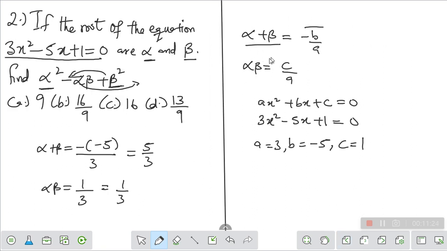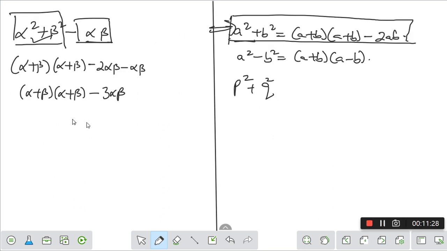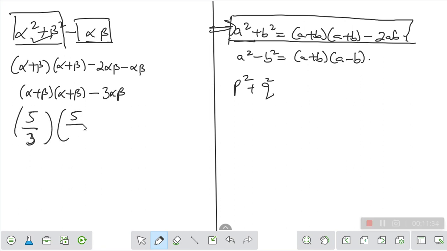Alpha plus beta is 5 over 3. And alpha beta is 1 over 3.